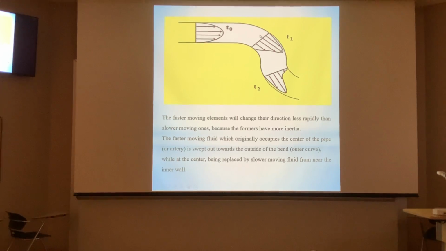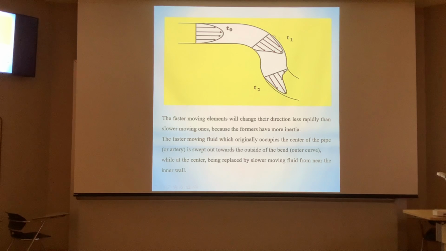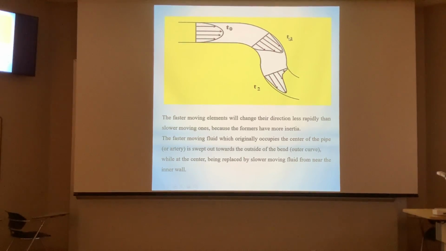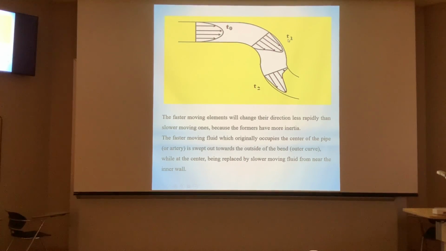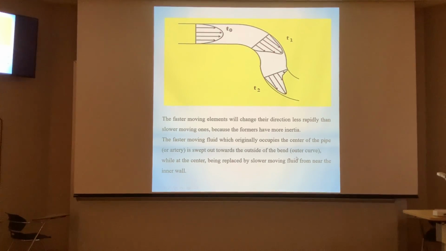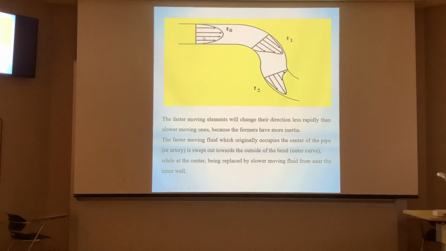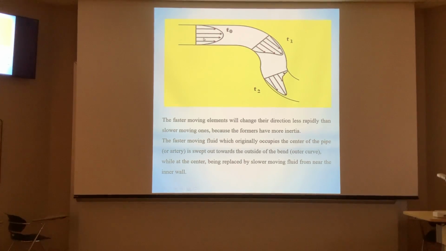It is swept away to the outer side of the bend at T1, and after that at T2 it changes from the center, swept away to the outside of the bend, and replaced by the slower moving fluid from the inner wall, from T2 to T1 and to T3, to T2.